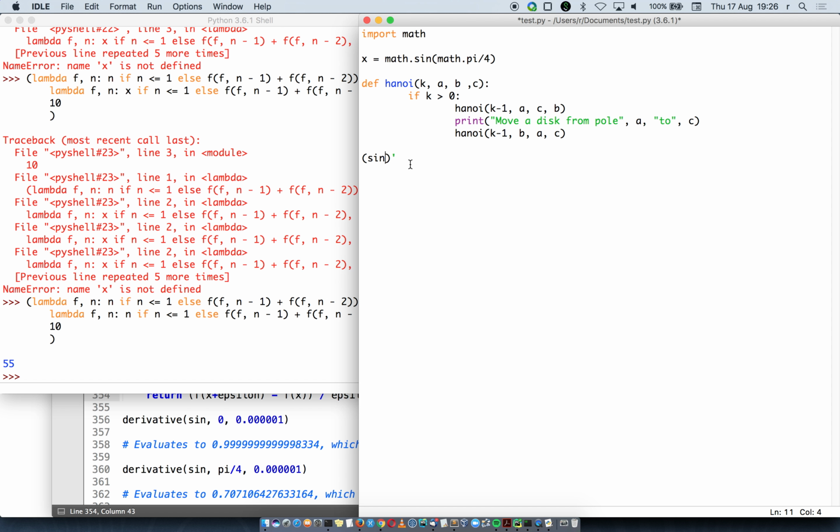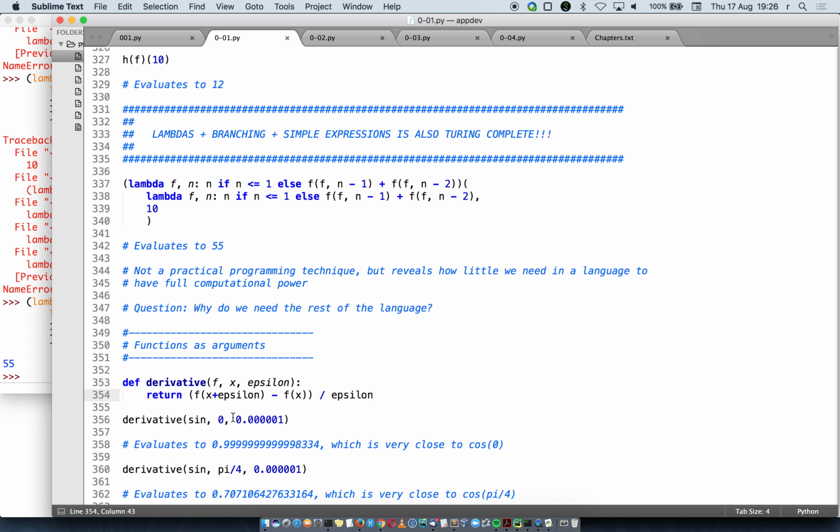Sine as an object has a derivative which is cosine. Is this understood? So the derivative doesn't take a function and an argument. It takes one function and returns another function. We want to return another lambda. So this is what we're trying to do here.